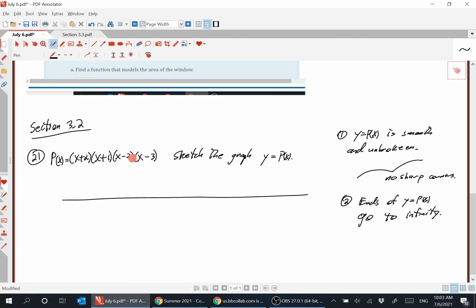Well, we do this analysis of the function as being positive or negative as follows. So y equals p of x is 0 at 2, 3, -1, and -2. So -2, -1, 2, and 3. So we've got these intervals defined by where the function is 0. So p of x equals 0 at x equal to -2, -1, 2, and 3.